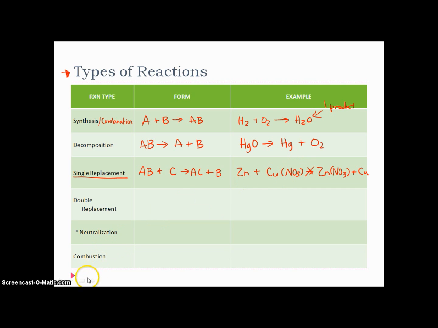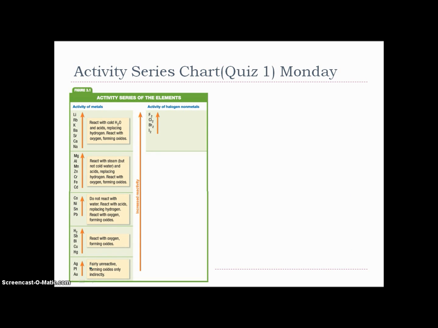On this slide, this is called the activity series. This is where we see which things are more reactive than others. We have our cations on this side and our anions on this side. Fluorine is the most reactive anion.